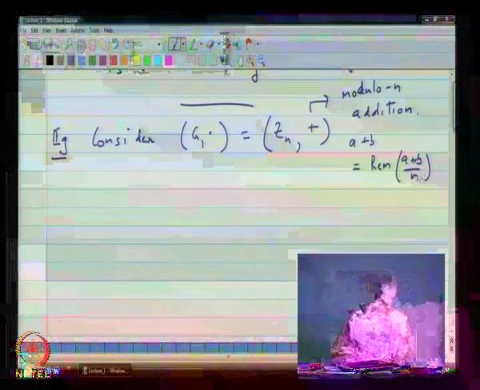And Z sub n is the set of integers modulo n, and strictly speaking it is a collection of equivalence classes, but we will choose representatives. So, we will pretend that this is just the set of all integers ranging from 0 to n minus 1. So, there are n elements in this set, and once again you can check that the axioms are satisfied.